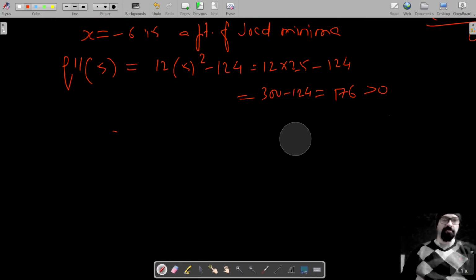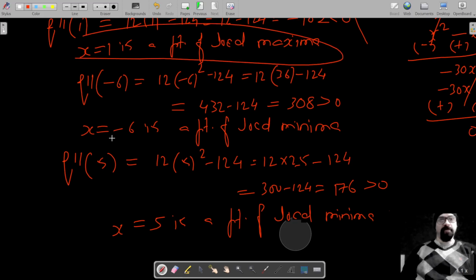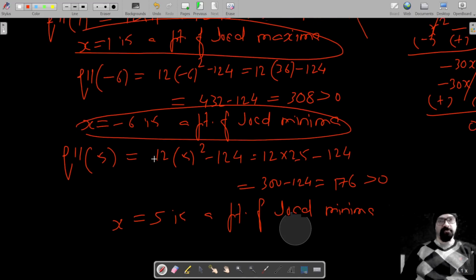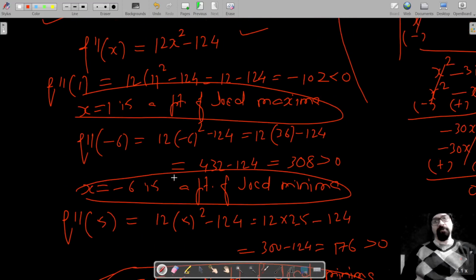So that means x is equal to 5 is a point of local minima. So x is equal to 1 is the point of local maxima, whereas x is equal to negative 6 and x is equal to 5 are points of local minima.